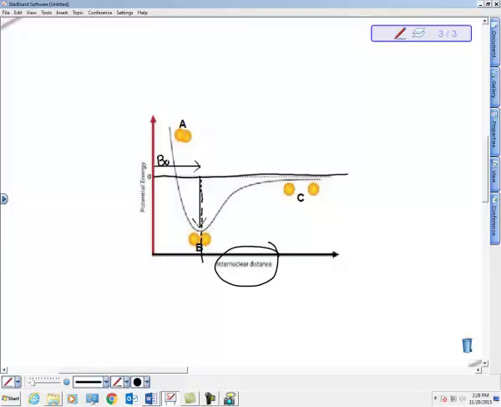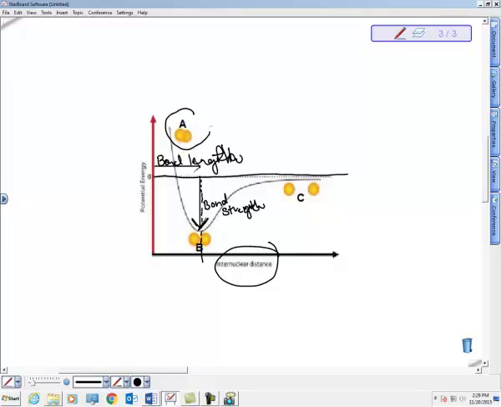This is bond length. But the depth of this dip down here, this valley, however deep that is, that actually indicates the bond strength. The deeper the dip, the stronger the bond will be. Strength. I can't spell.